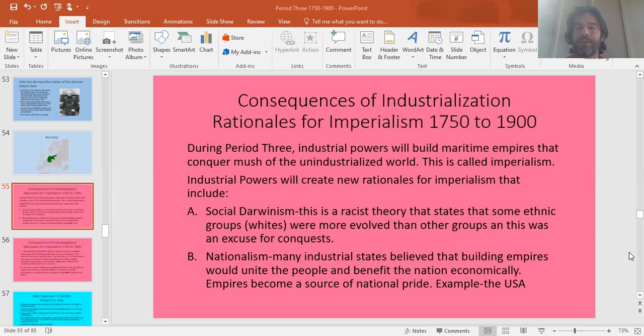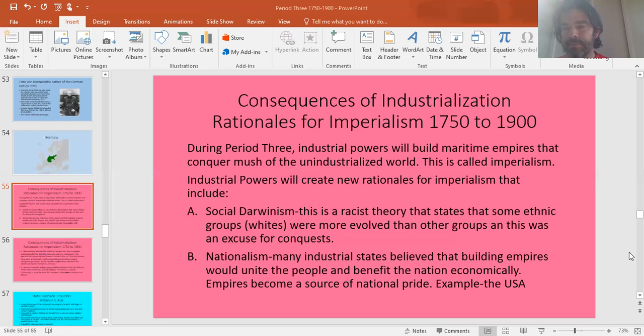Groups of people in these home states, like in Russia, like in Japan, like in the United States, which is always kind of an interesting case story about nationalism, but we'll gloss over that for right now, like for Britain or France or later on Germany, saw colonization as a nation building experience that would unite the people in the nation. It would benefit the ruling nation of people economically, and it would also become a source of great national pride.